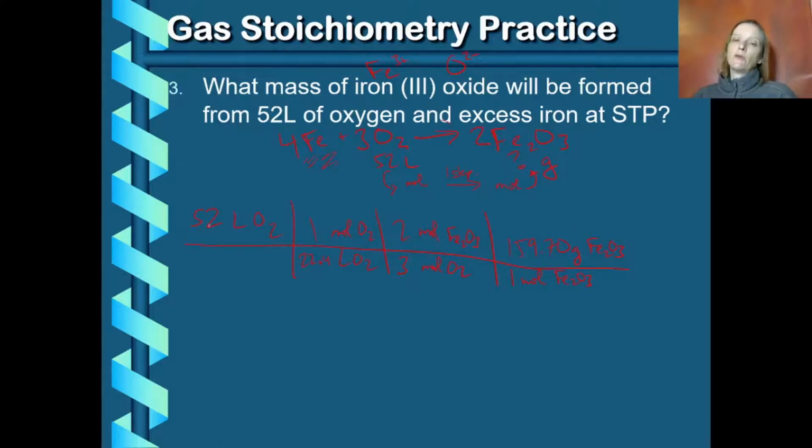Doing the math, 52 times 1 divided by 22.4 times 2 divided by 3 times 159.70 divided by 1, you get as your final answer 247.1548. However, we can only report our final answer to 2 sig figs.